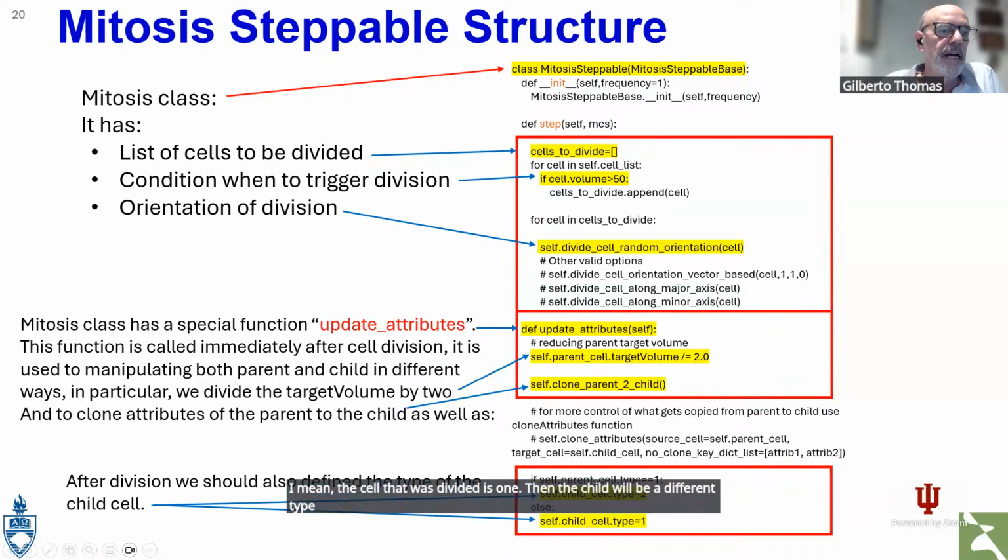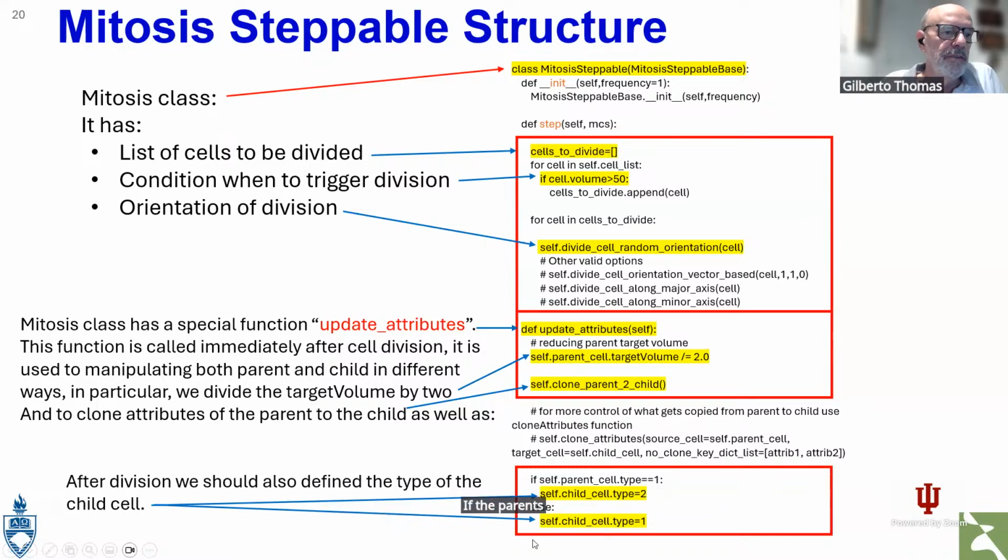If the parent cell is 2, which means this else command here, then the child cell is 1. It's always swapping types here. If 1 goes to 2, if 2 goes to 1. Okay? Understood?